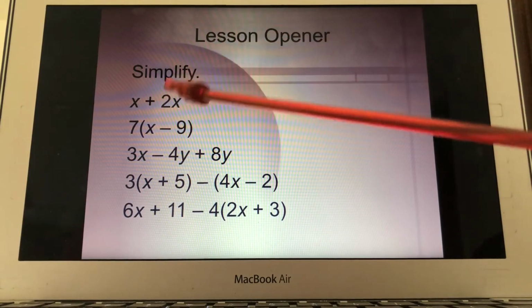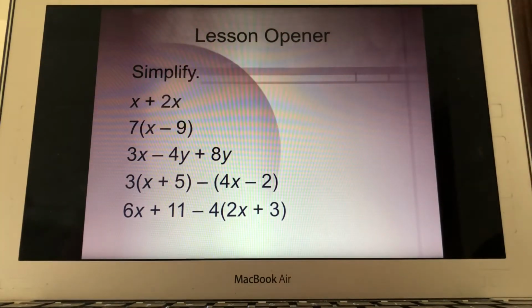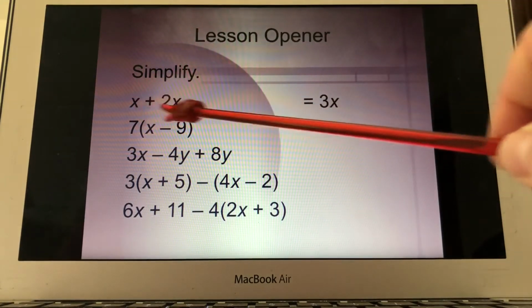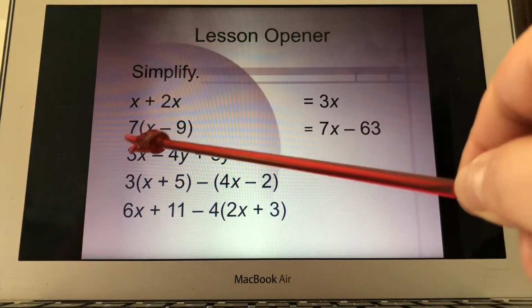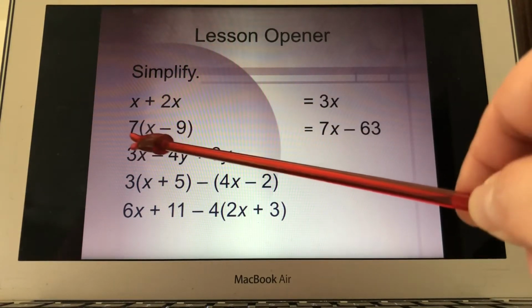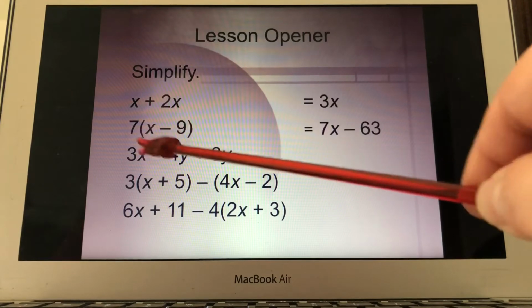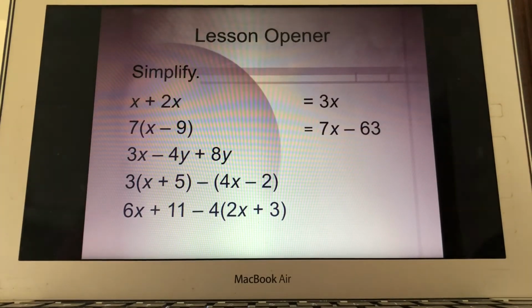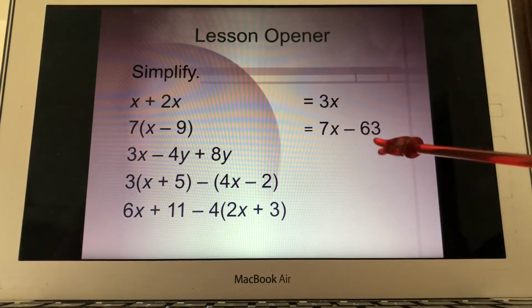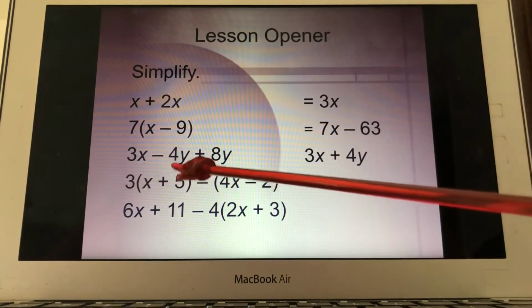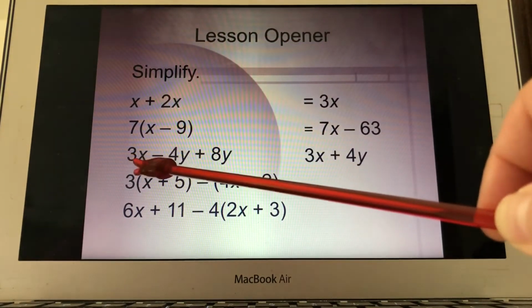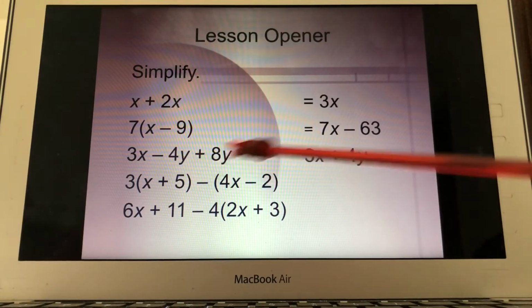If we were to simplify this, we would have to combine like terms. We get x plus 2x is 3x. Here we distribute our 7 through this quantity, right? So we have 7x minus 63. In this one, we can only combine the y's. And so we have 3x plus 4y.